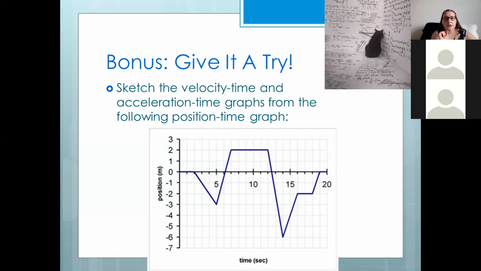So again, I want you to sketch the velocity time graph and the acceleration time graph from this position time graph, so you can actually calculate the slopes of these different sections. And we have some time left before we need to finish for today. So I'm going to pause the recording again and give you a couple of minutes to at least get started by drawing your velocity time graph. Okay, so go ahead and give this one a try.